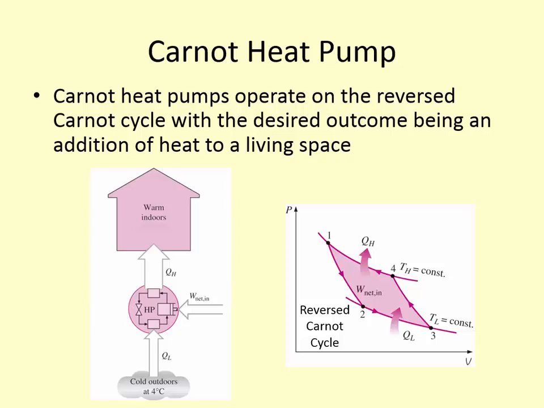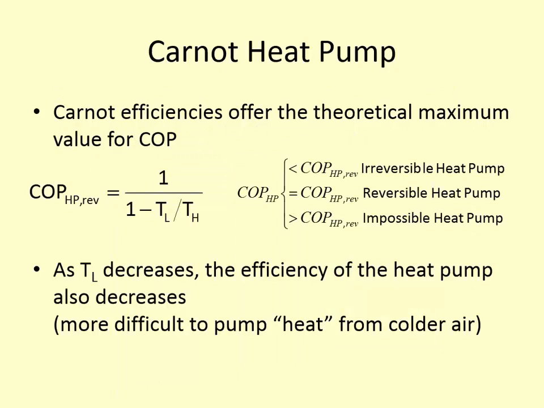Similarly, Carnot heat pumps operate on the reverse cycle, but this time instead of removing heat from a cold space, we're adding heat to a warm space. And the Carnot efficiencies, again, can be rewritten in terms of the temperatures. So in this case, instead of T_H over T_L minus 1 in the denominator, it's 1 minus T_L over T_H.